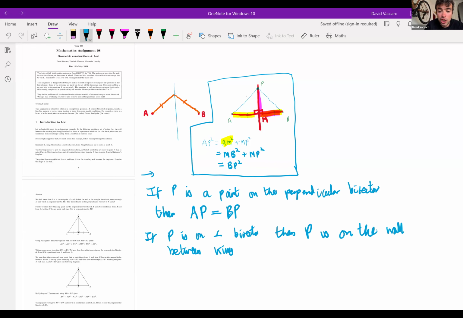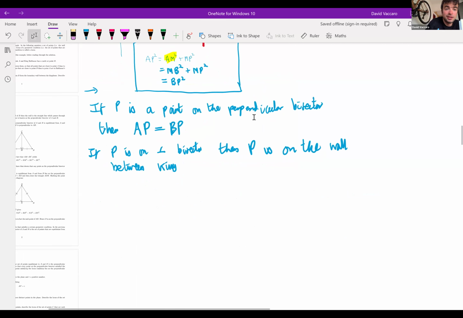So what it shows is that the wall between the kingdoms contains the perpendicular bisector. Okay. So what that means is that any point that's on the perpendicular bisector is on the wall.